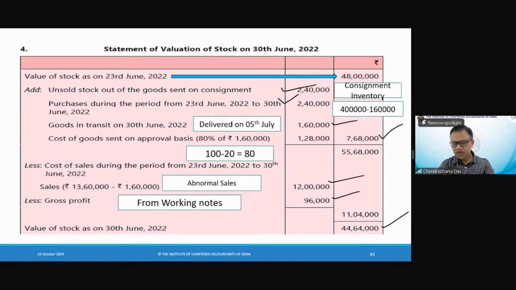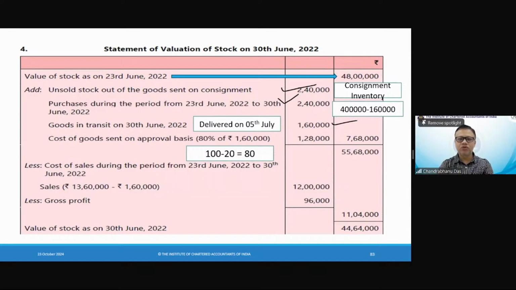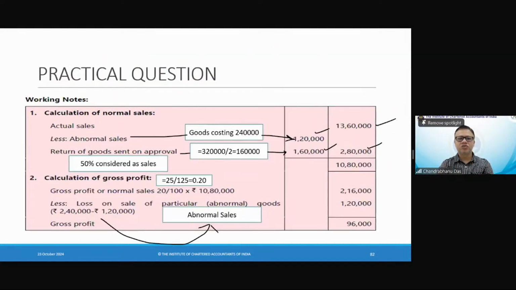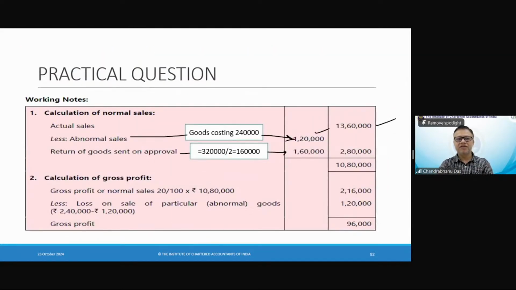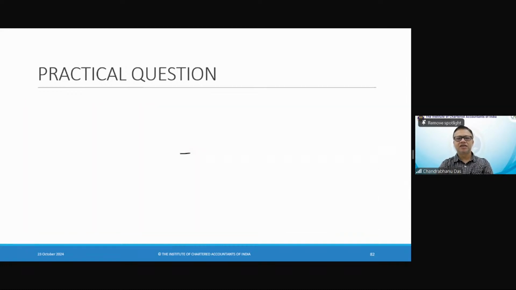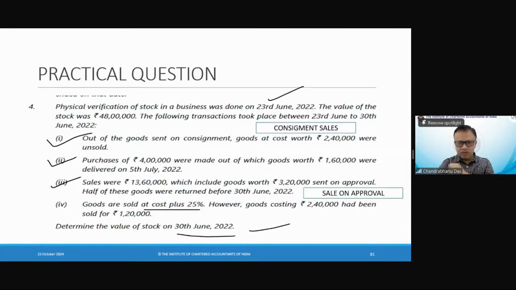Okay, so now if you go back to the previous slide, what is happening here? Sales were 13,60,000, but goods of 3,20,000 were sent out of that. Sales of 13,60,000 included this 3,20,000, which means your sales were overstated.